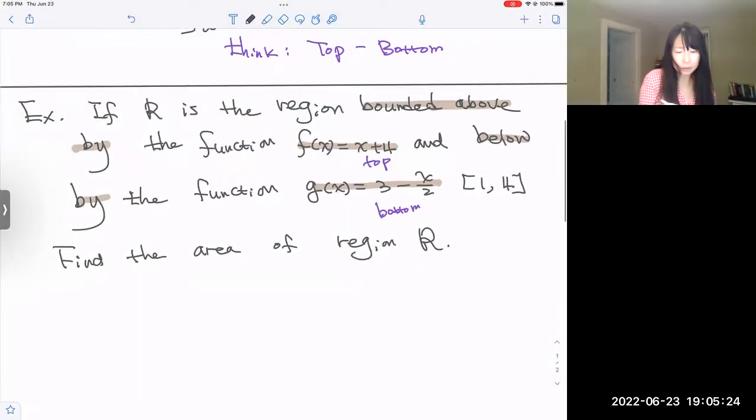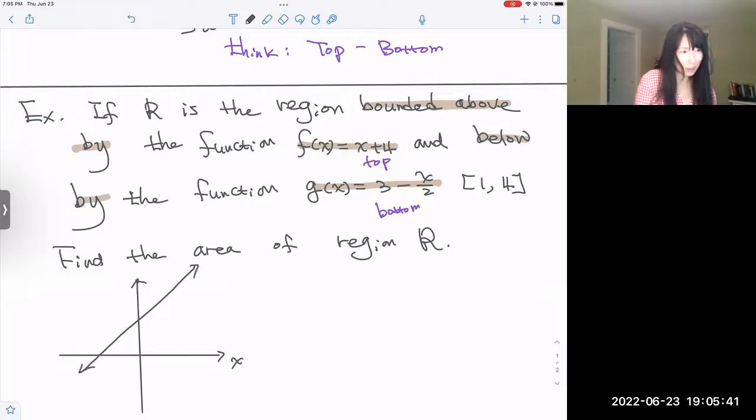Let me draw. So we have 4 like this, and then like that. So this is f of x. Let me just write down g of x. Okay. All right. Now we want to find the area. So they already give us the interval.